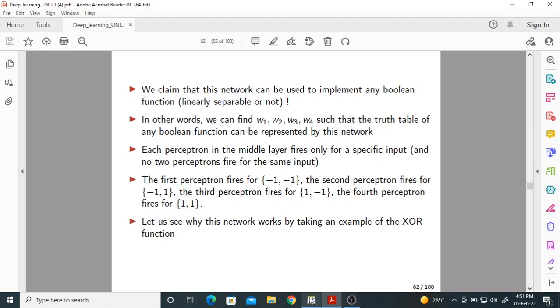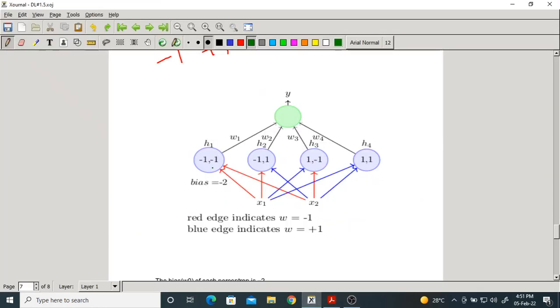What is that input? The first perceptron will fire for -1, -1. The second for -1, +1. The third for +1, -1. The fourth for +1, +1. What is the reason? For these inputs only, the weighted sum is greater than or equal to 2.